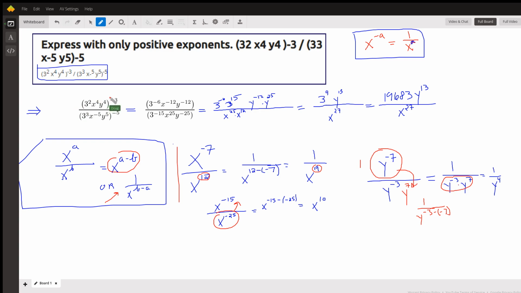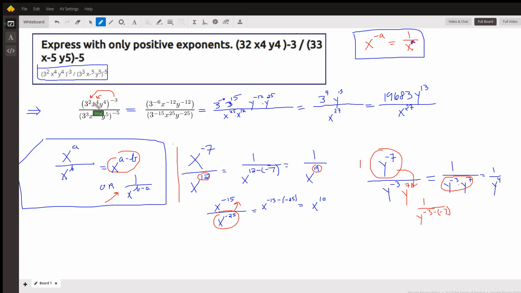Probably the easiest thing to do is to use the property of exponents where you have a series of multiplied powers inside the parentheses raised to a power. It's called power of a power. We take this exponent and multiply it times every exponent inside the parentheses.